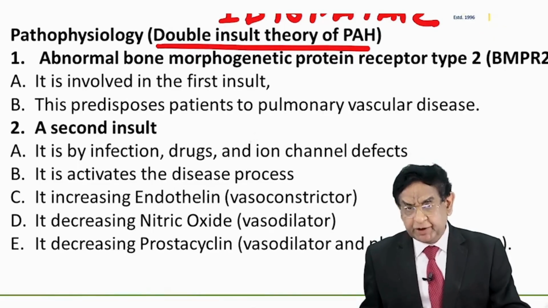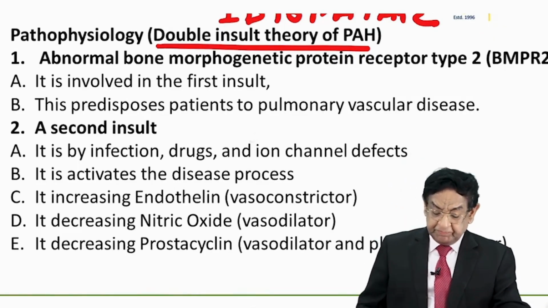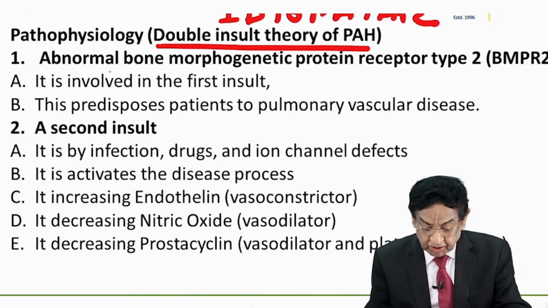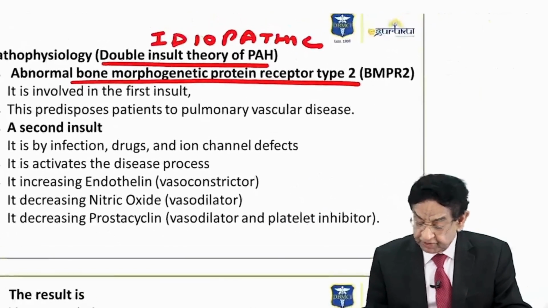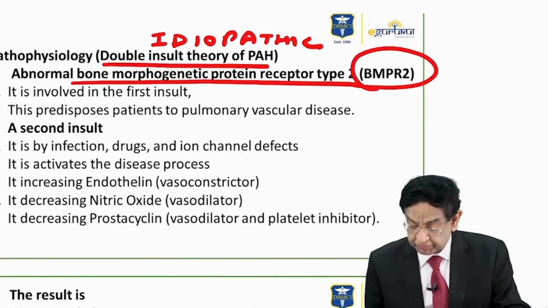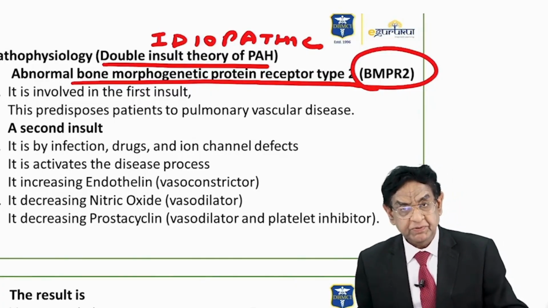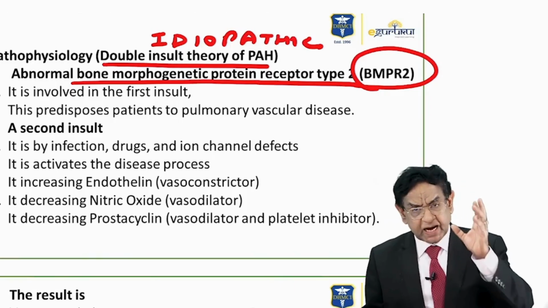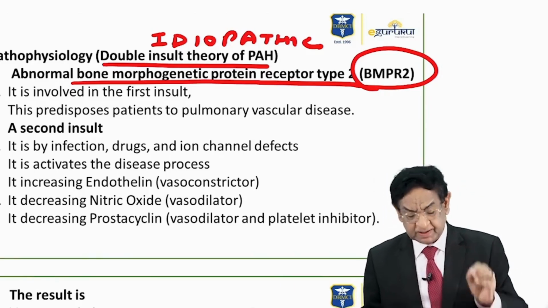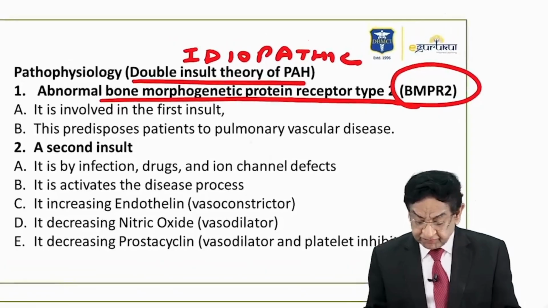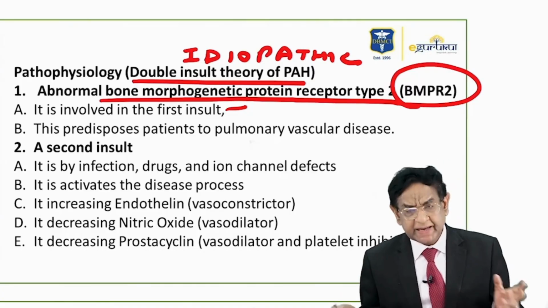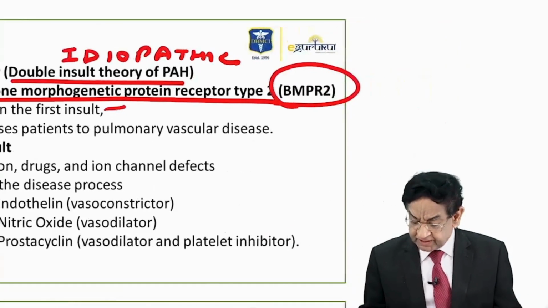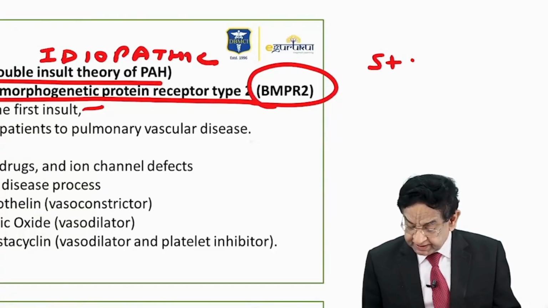First thing, in the idiopathic variety, the patient has an abnormal bone morphogenetic protein receptor type 2, what we call BMPR2. That is what they call the first insult, or I can say the one which starts the fire.